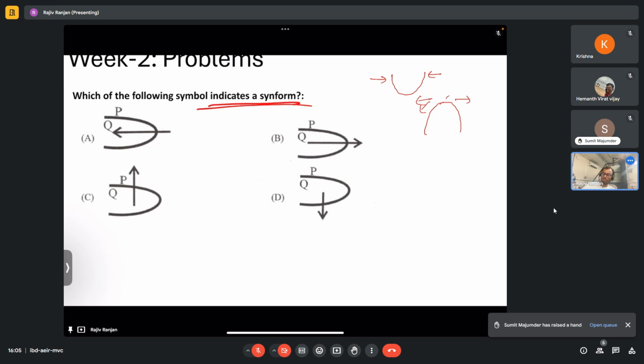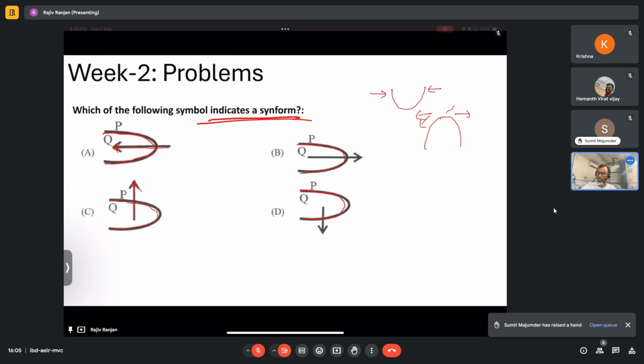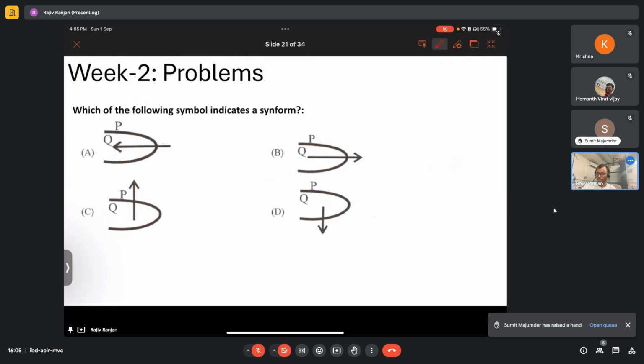So what do you see here? You see a bed. You see a bed. And so this is giving you the younging directions.